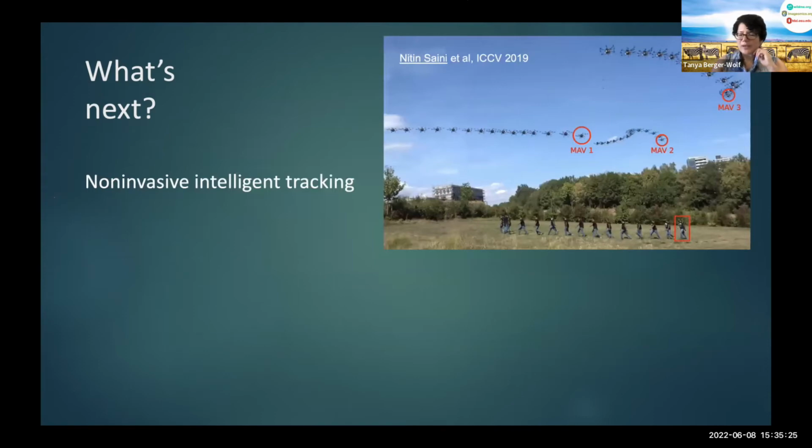The part that's been mentioned both by Christian and Martin is what's really coming up: intelligent tracking, so increasingly making the tags, the sensors that are on the body tracks, intelligent, putting the computation on the tag itself, and also non-invasive intelligent tracking, whether it's using multiple UAVs.